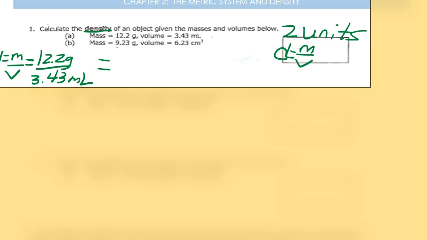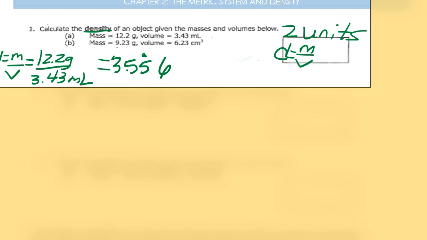When I divide 12.2 by 3.43, on my calculator, I get 3.556.